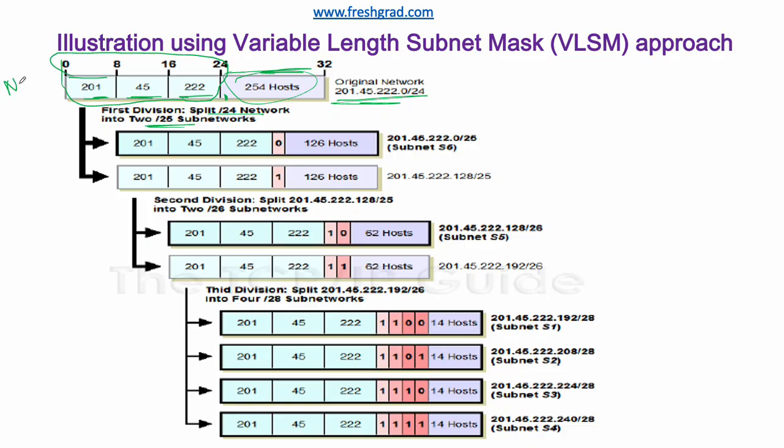This is our original network ID, /24. You cannot change this. You cannot borrow a bit from the network ID. You always borrow a bit from the host ID. So our original host ID is 8 bits, and then you borrowed one bit, and now your host ID will shorten. You will have 7 bits.